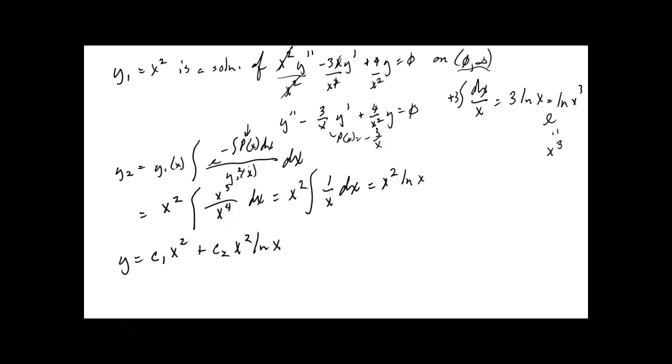Now we identify our p of x. Back when we did linear first order differential equations, the y prime was by itself, and the p of x was the coefficient function of your y. Now, the y double prime is isolated, and the p of x is the coefficient function of your y prime, which is minus 3 over x in this case. What do we do to it?